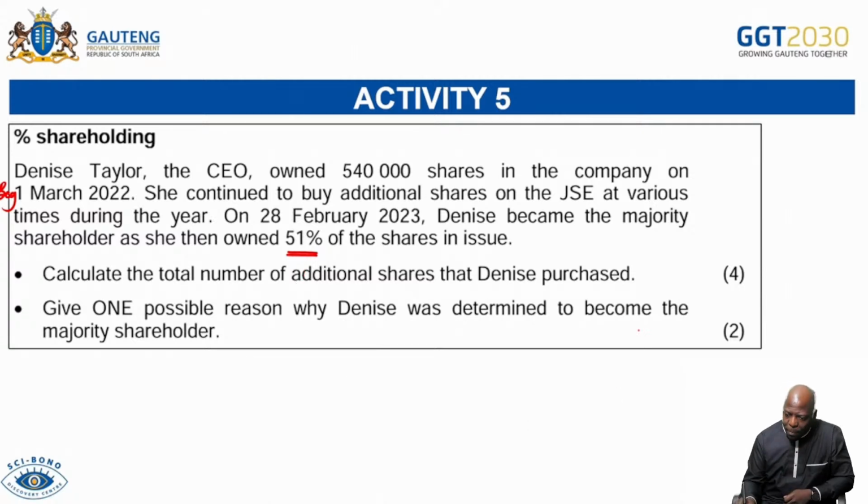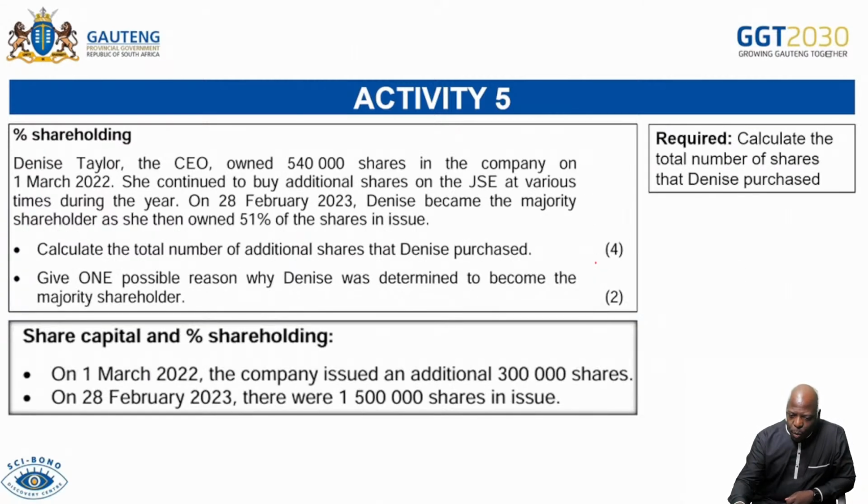Let's do that as we go. Okay, so let's see if we have more information. We're told now that on 1 March 2022, the company issued an additional 300,000 shares. On 20 February, there were 1.5 million shares in issue.